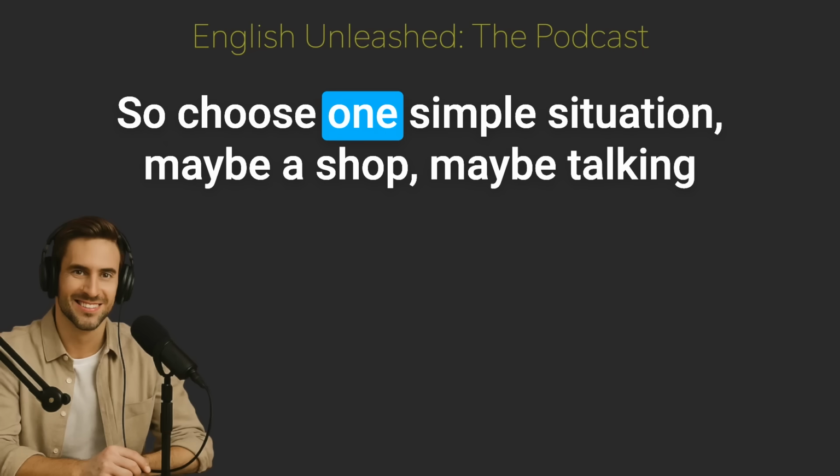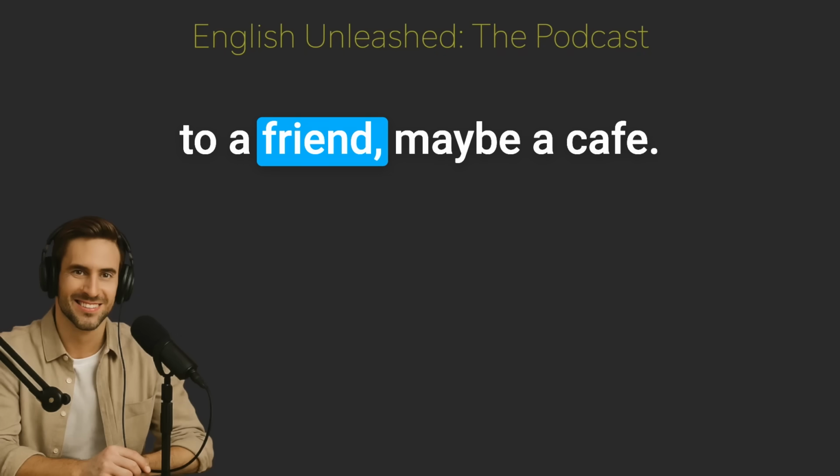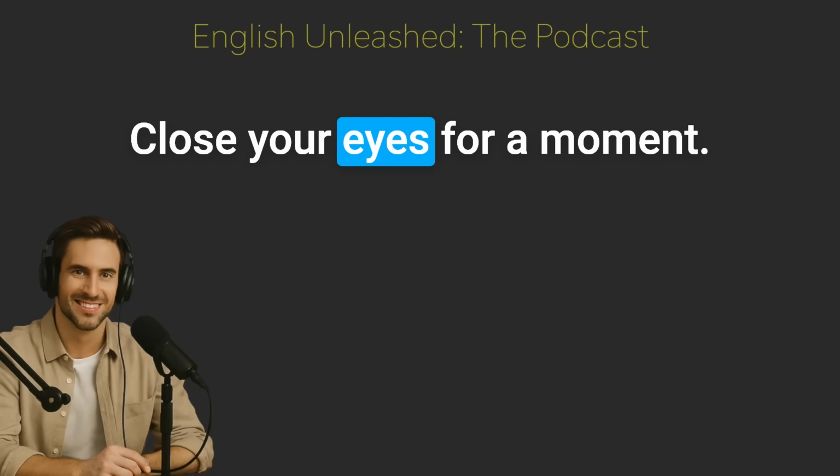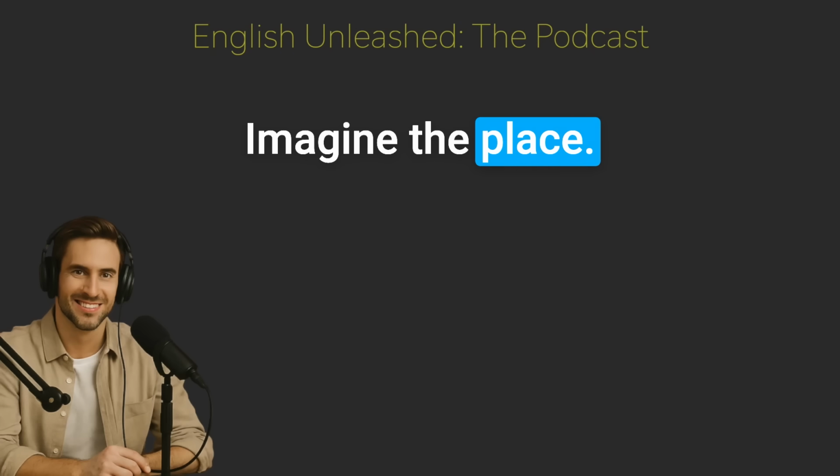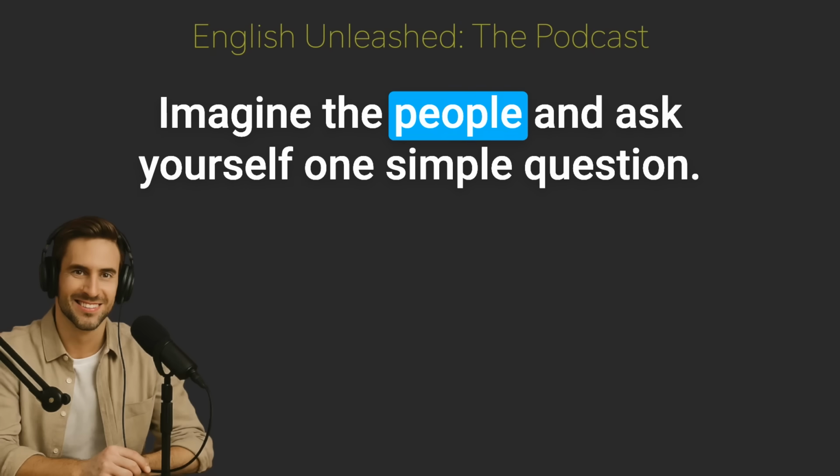So, choose one simple situation. Maybe a shop, maybe talking to a friend, maybe a cafe. Close your eyes for a moment. Imagine the place, imagine the people, and ask yourself one simple question.